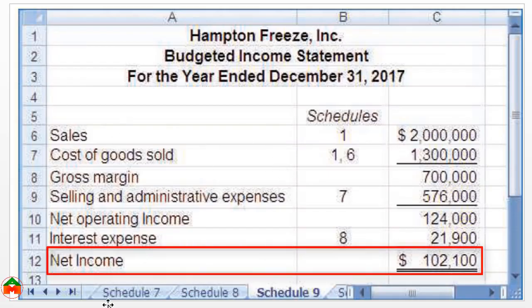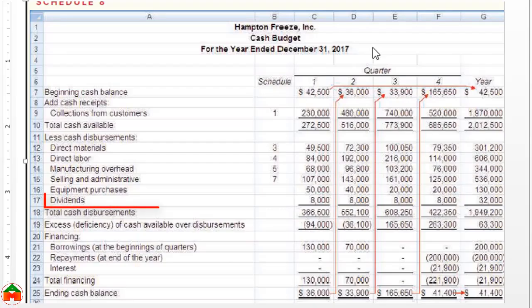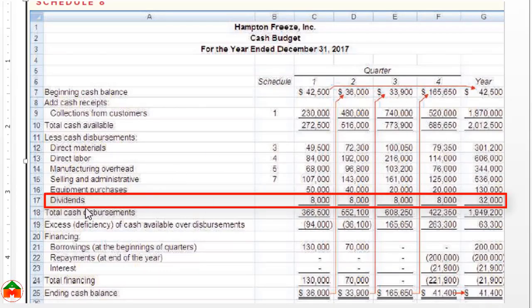Our net income is 102,100. We will add this net income to the opening retained earnings, and from the retained earnings we will deduct the dividend payment. From the cash budget our payment of dividend is 32,000.